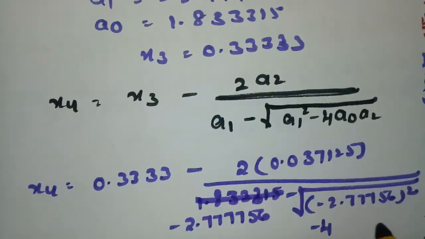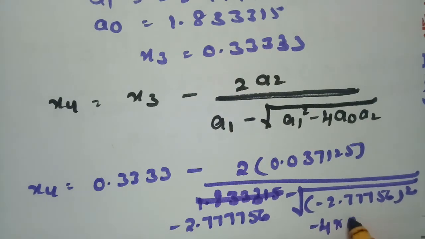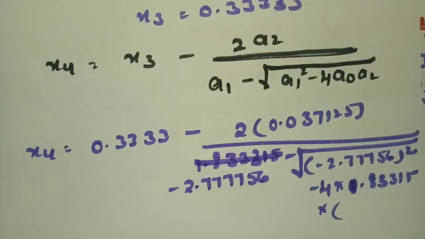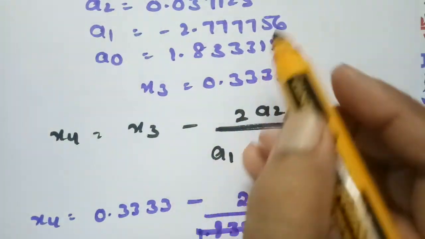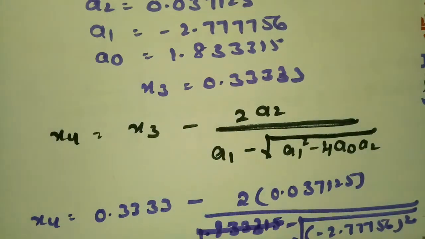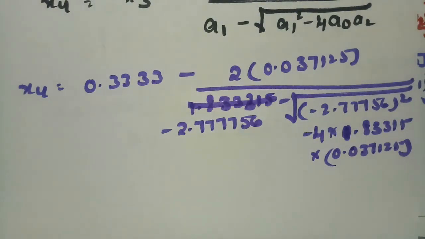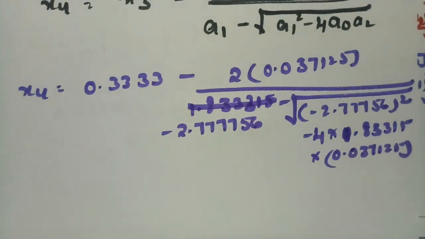What is A0 here? A0 is 1.83315 into A2. This A2 value is nothing but 0.037125. So this is the substitution. All the values are ready with us.